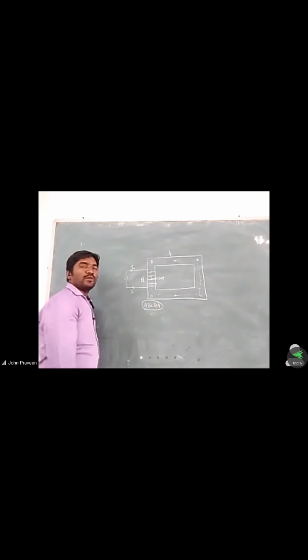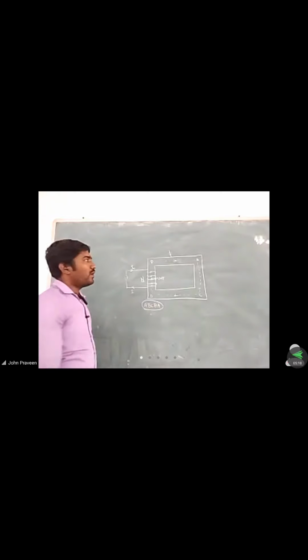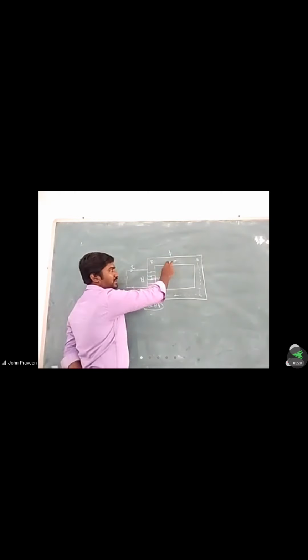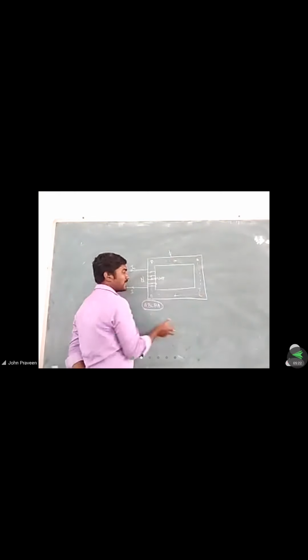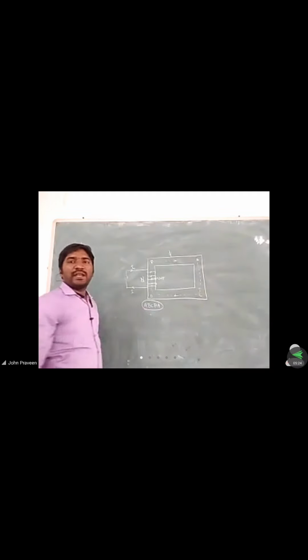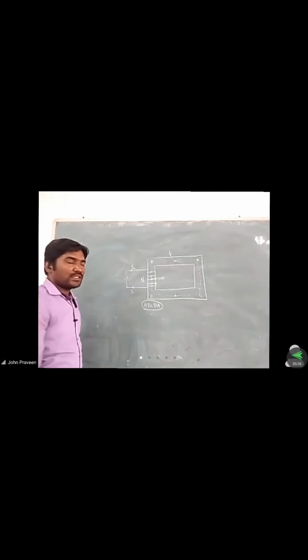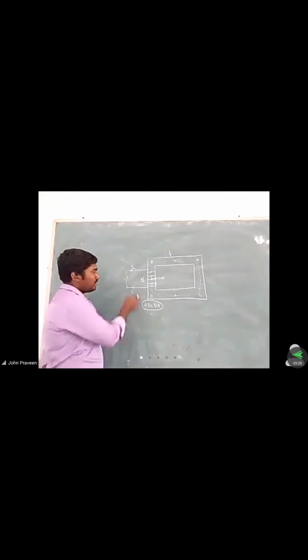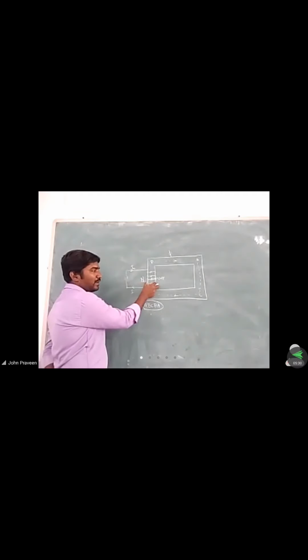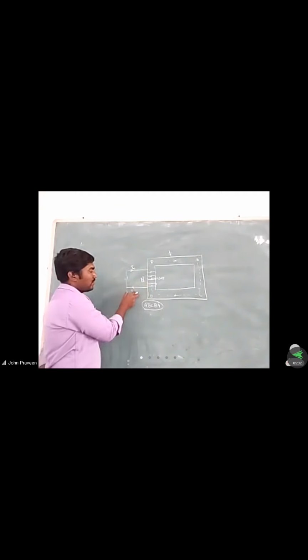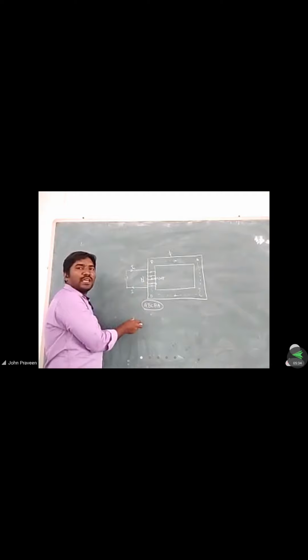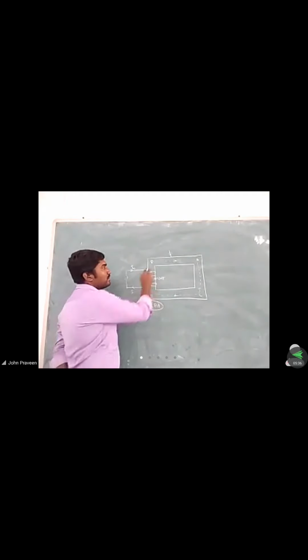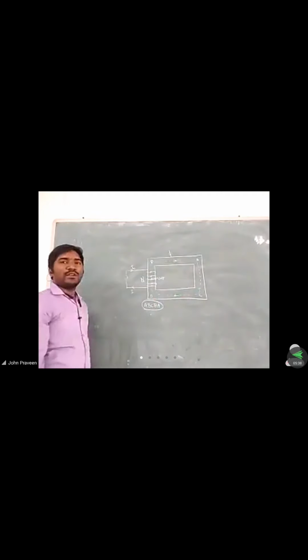Here we want to remember one thing. The flux produced inside the magnetic material depends on a few things: one is the number of turns, one is the current, and the third is the magnetic material we are using.